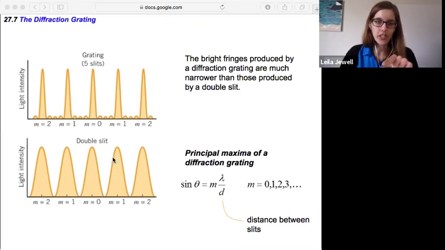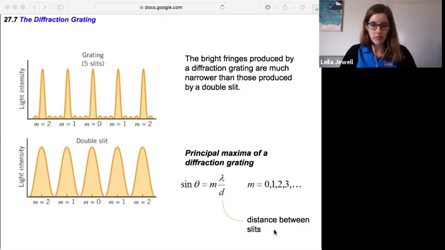There's more of a region where it constructively interferes, at least a little bit. The other really interesting thing to notice is that the peaks are in exactly the same place in the diffraction grating that has 5 slits and the double slit that only has 2. The m equals 0 matches, the m equals 1 matches, the m equals 2 matches. The only difference is the width of the peaks. So if you're just trying to find the maxima of the diffraction grating, these principal maxima, the very tall peaks, it follows the exact same equation as our double slit experiment: sine of theta is equal to m times lambda divided by d, where d is the distance between adjacent slits.